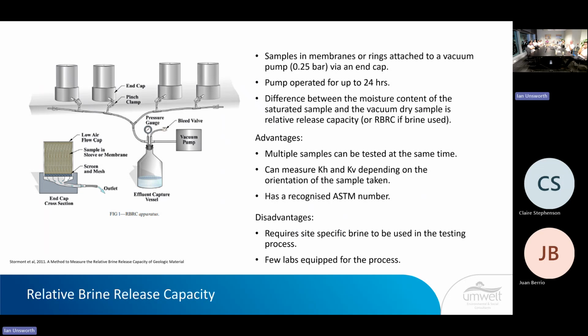But again, there are few labs equipped to do it. Most seem to be in the States, so you might end up with a Donald Trump surcharge. And you do need to send them with a site-specific brine, which they will soak the sample in before they test it. I know some guys who forgot to do that and had to wait while they sent some brine off.